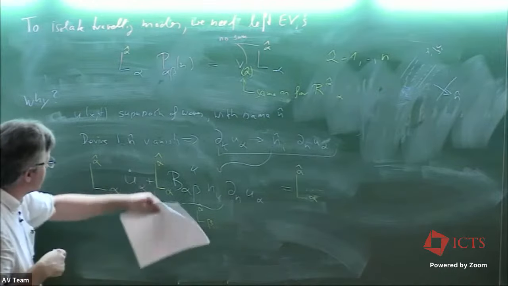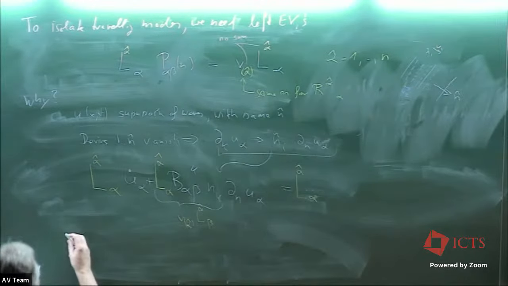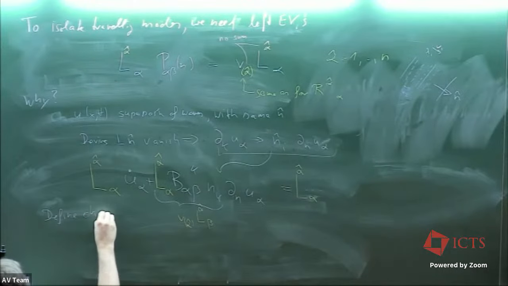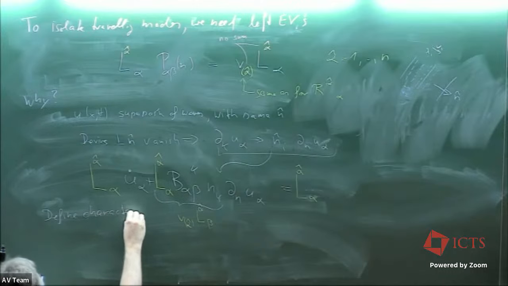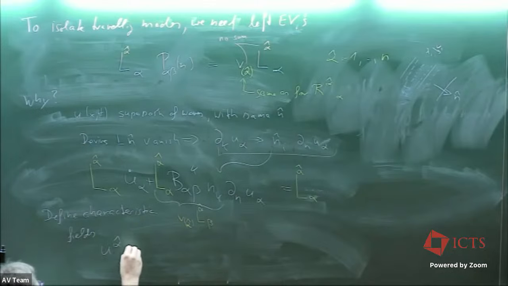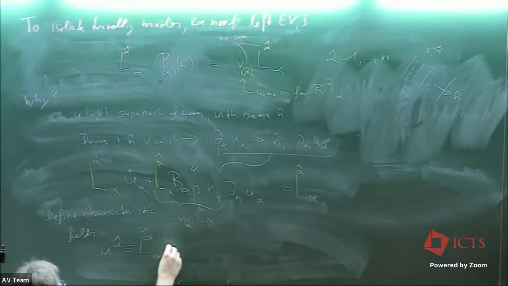And so what we now have is, okay, we have this equation, and now we are defining our characteristic fields. Namely, u alpha hat is equal to L alpha hat alpha u alpha.